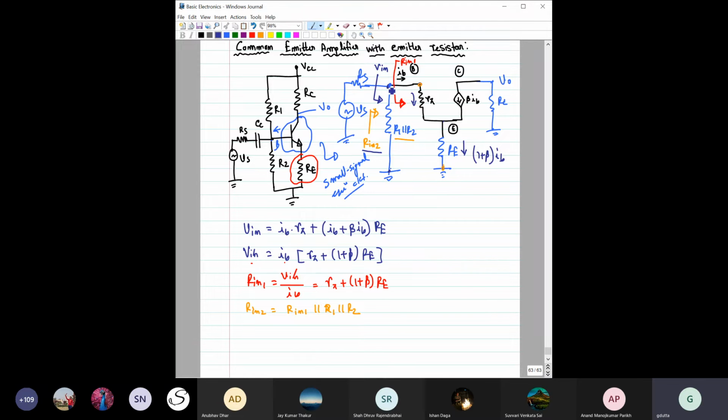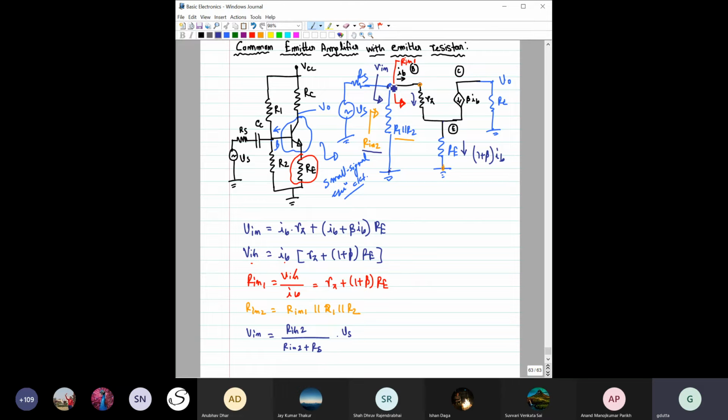V in means the drop between this point and this point, in terms of RS, R in and VS. So V in is equal to R in 2 divided by (R in 2 plus RS), this resistance, into VS, right? So we now know V in in terms of this VS.